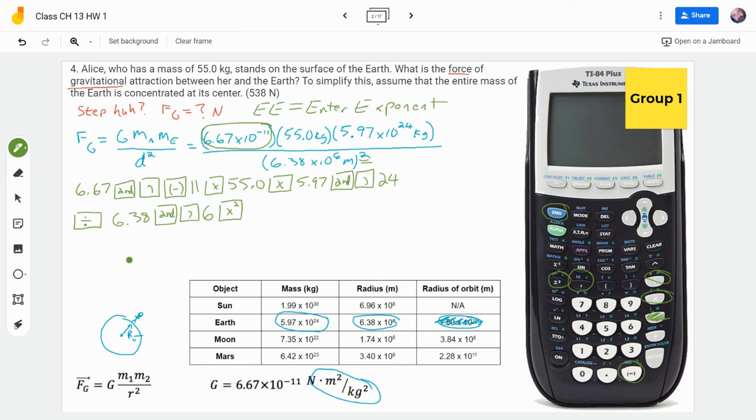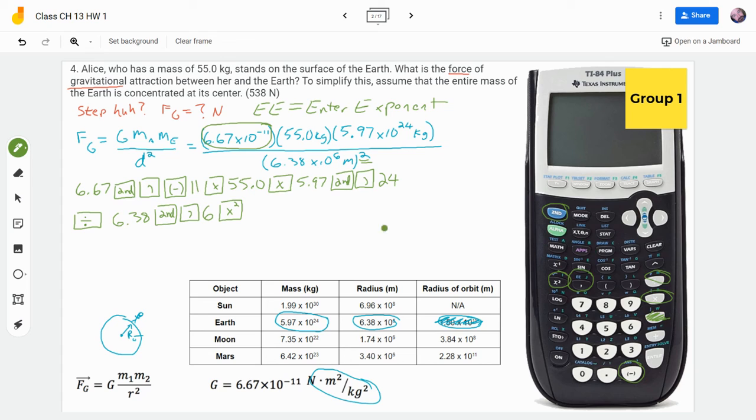So let me put this in the calculator. 6.67 EE minus 11 times 55.0 times 5.97 EE 24 divided by 6.38 EE 6 x squared. And then you hit enter.